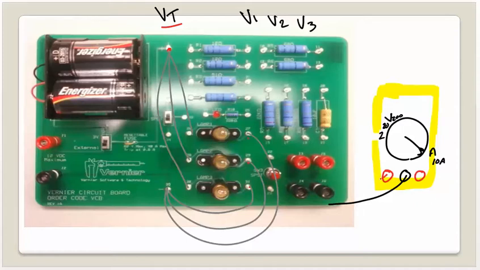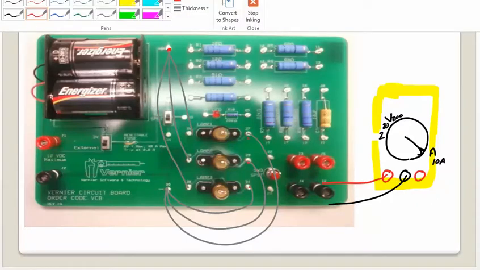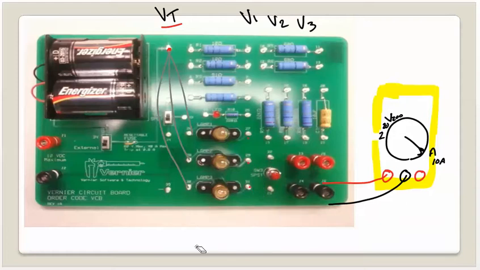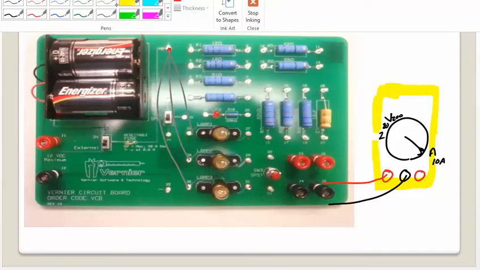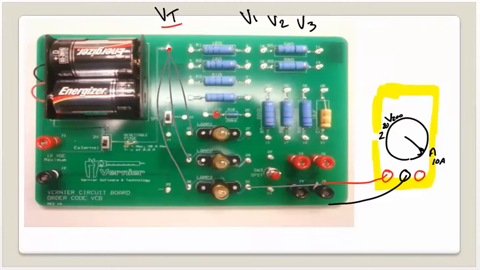Well, to do this then, to measure total amperage, I would have to disconnect all 3 wires here at the end, and I would take all 3 wires and hook them up here, and then I would take my black one to there, and that would give me the total current. All right, because now I have all 3 of these coming back together, running through the multimeter back over to here. That's how we'd find IT.